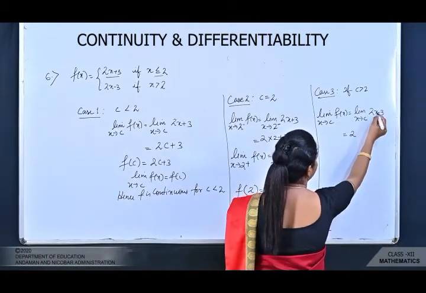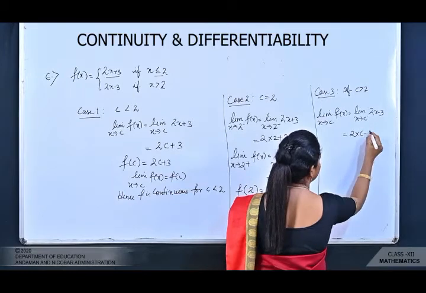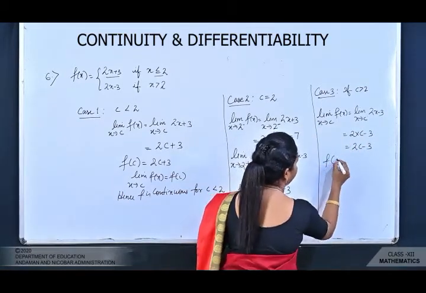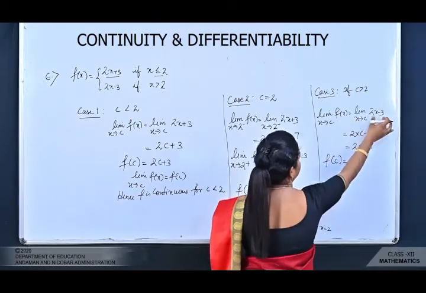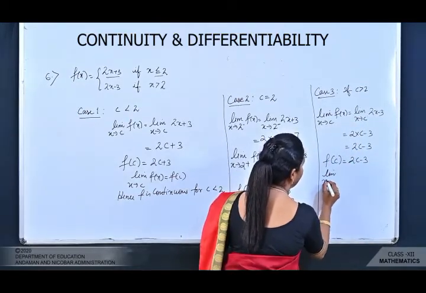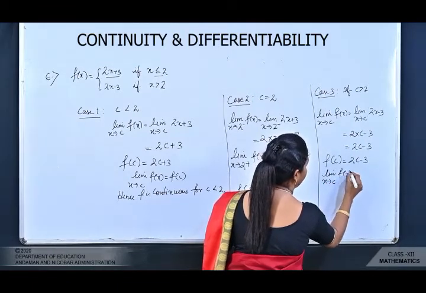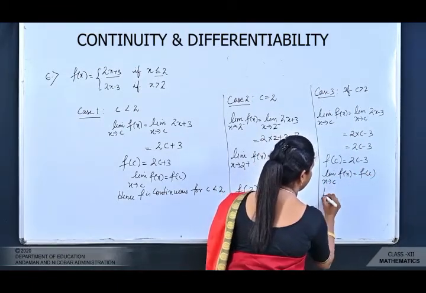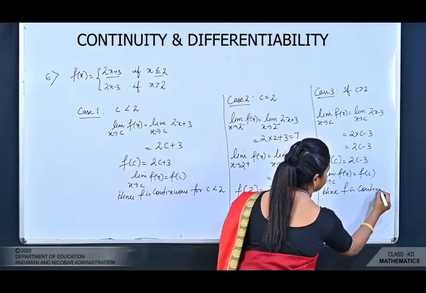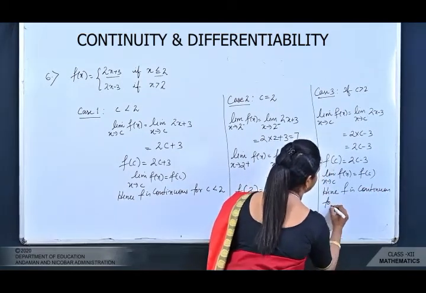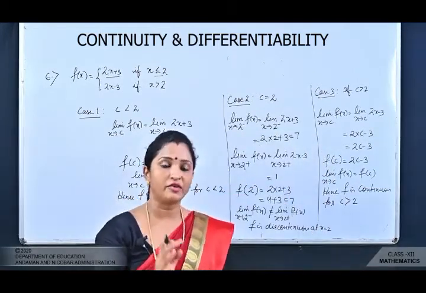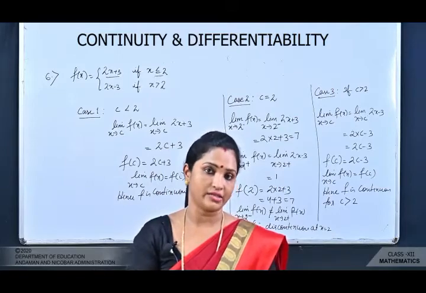So you will substitute c in place of x, and you are going to get 2c minus 3. Again you will find f of c, substitute, and you will get 2c minus 3. So you have proved that limit x tends to c, f(x) is equal to f of c. Hence, f is continuous for c greater than 2. So finally you can write down that the function is discontinuous at x is equal to 2.